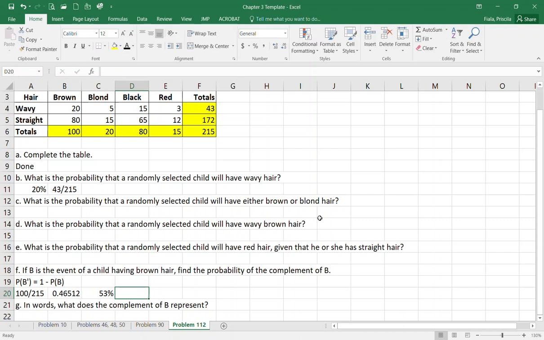Or, which you also could do 215 minus the complement divided by 250, and then you would have 115 divided by 215, the total. So equals 115 divided by 215, and there you go.